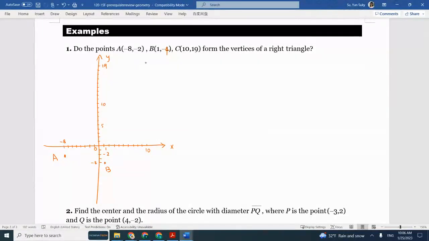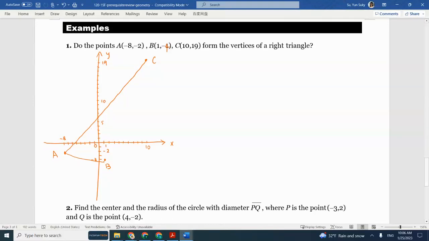So 10, 19. This is point C. And then we connect all the 3 points together. AC, AB. Okay, so AB and BC.